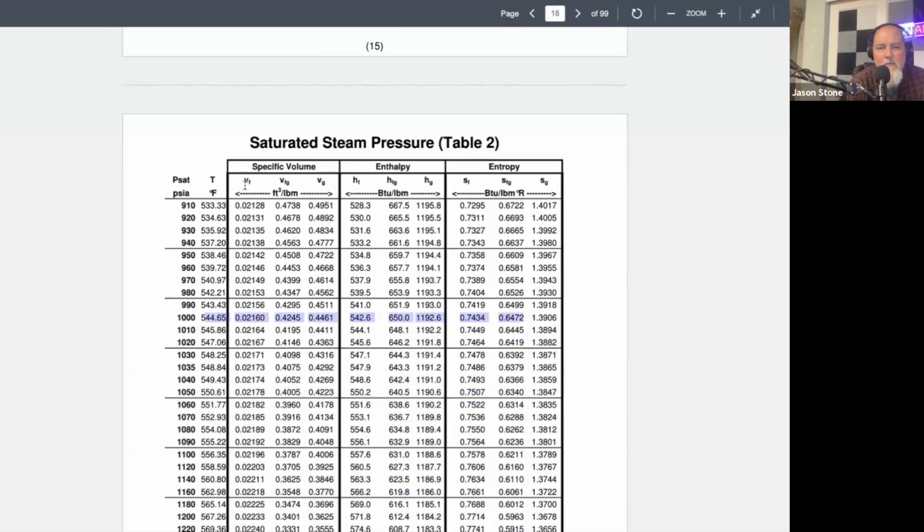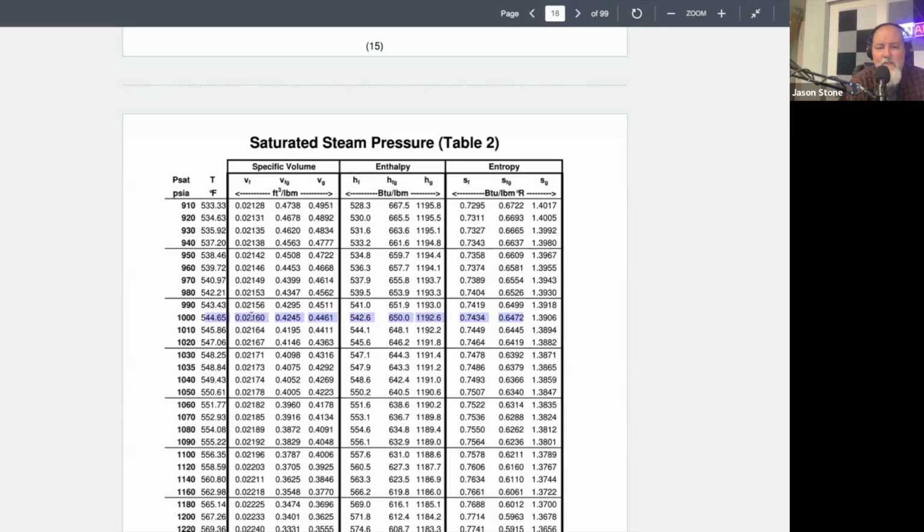The first column in each of these is something sub F, then sub FG and sub G. The sub F is if this fluid at 1,000 psi was 100% fluid, no gas at all, then this is the value for each of these: V sub F, H sub F, and S sub F, that's specific volume, enthalpy, and entropy.